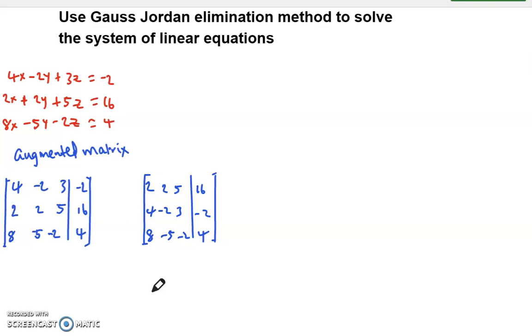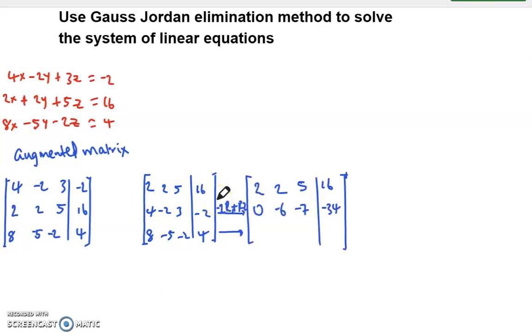After doing this, now we need to work on the second row in order to reduce this 4 to be equal to 0. Of course, we can use -2 row 1. Since we have 2 after switching, this will be -2 times 2, which will give us -4, plus 4 will give us 0. Our target is to reduce this to 0, so let's do that.